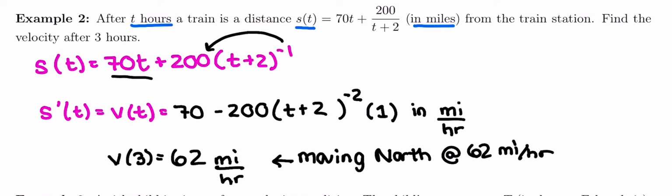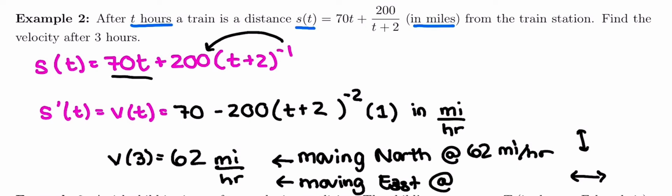Or if we're talking about being oriented on a horizontal line instead, so that was a vertical line, horizontally, remember the positive direction was that west or was it east? East is the positive direction, so this would be moving east at 62 miles per hour.